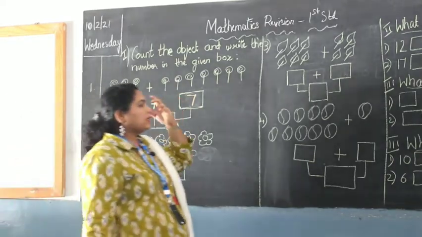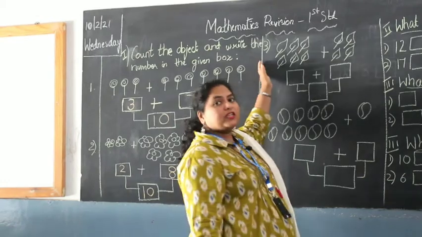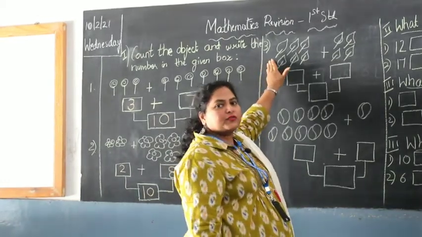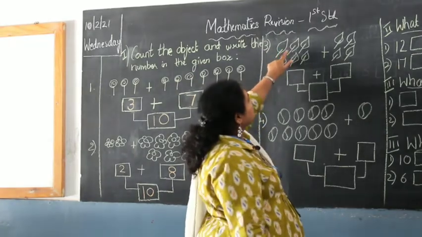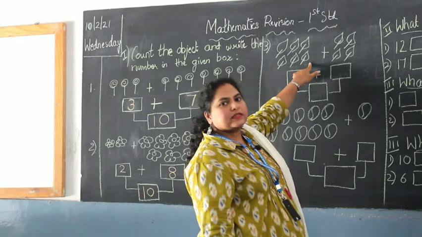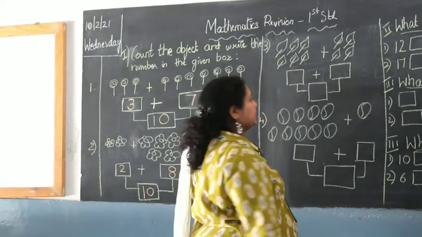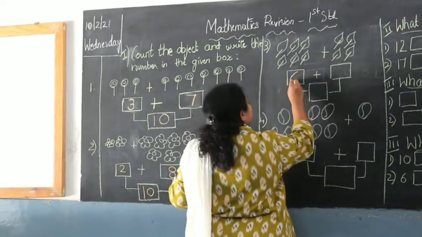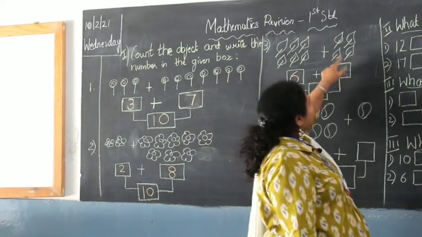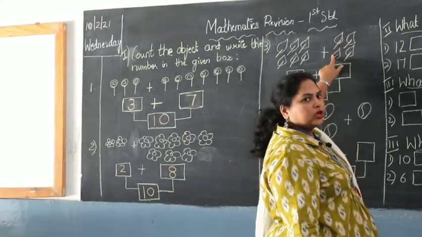So let's go to the next sum. We have leaves here. What do we have? Leaves. Let's count how many leaves we have. 1, 2, 3, 4, 5, 6. So we have 6 leaves. So let me put 6 in this box. And then we have 1, 2, 3, 4.